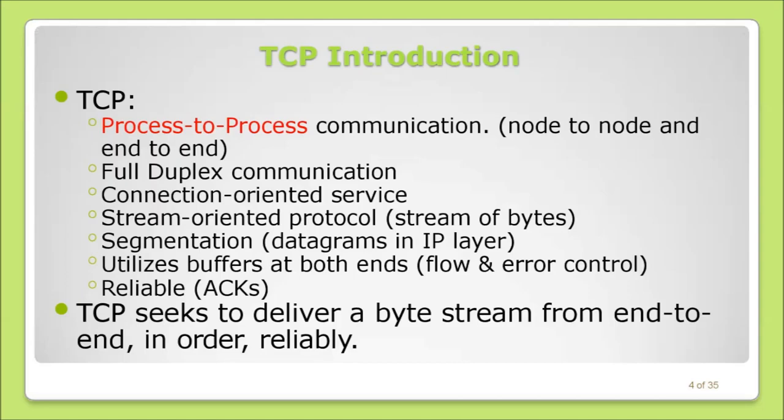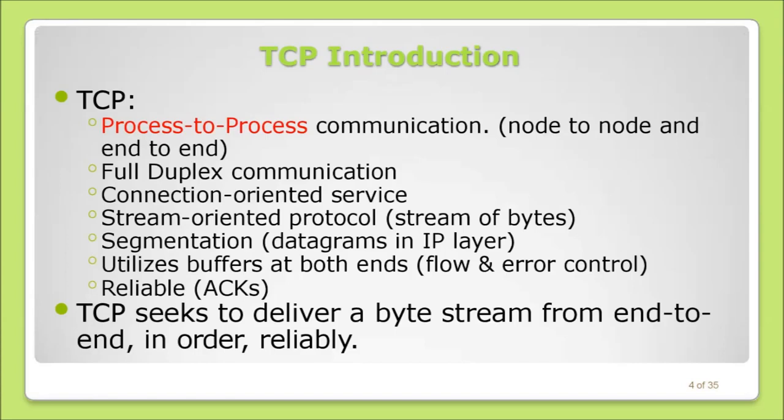When a large file is divided into small parts, those parts are called segments. This is used for segmentation, and this is a datagram in the IP layer. Because IP is an unreliable protocol, TCP is used for reliable communication with the IP protocol.